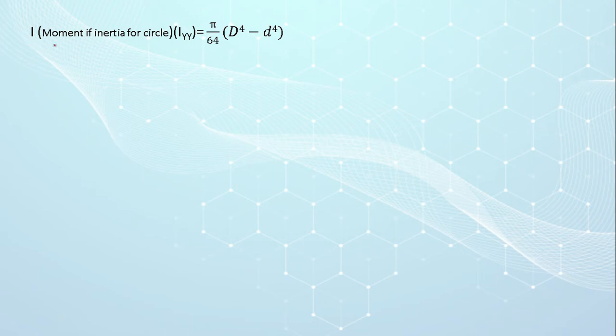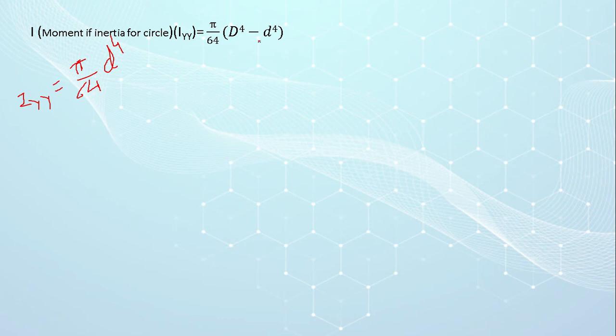Now for the moment of inertia about the y-axis, Iyy, we know the formula for moment of inertia Iyy for a circular section is pi by 64 d raised to 4. This formula is for a solid section, but in this problem we have a hollow section.